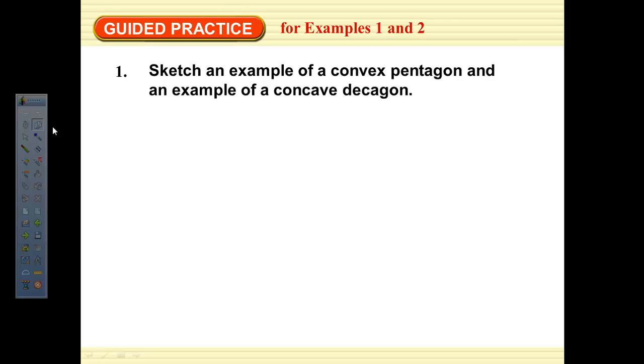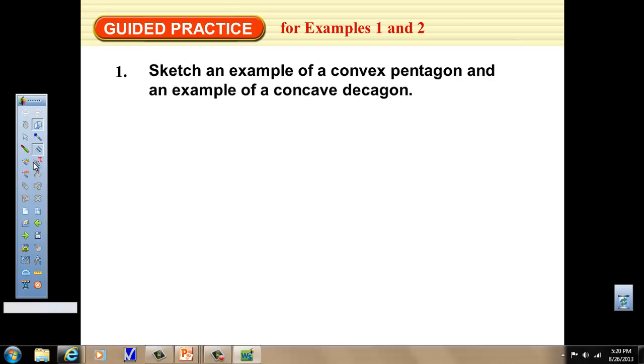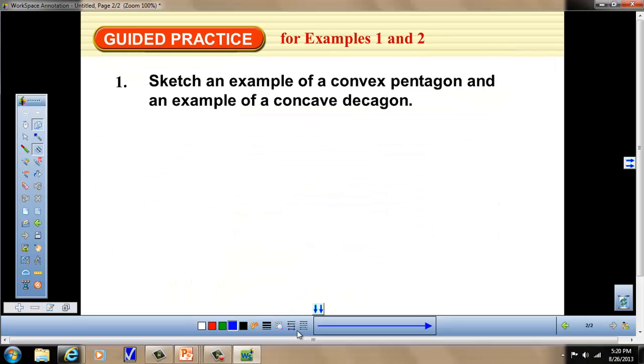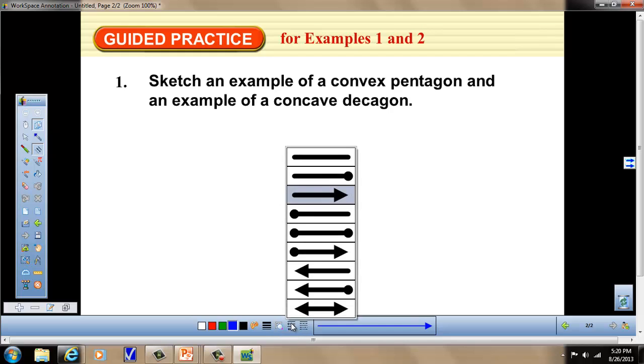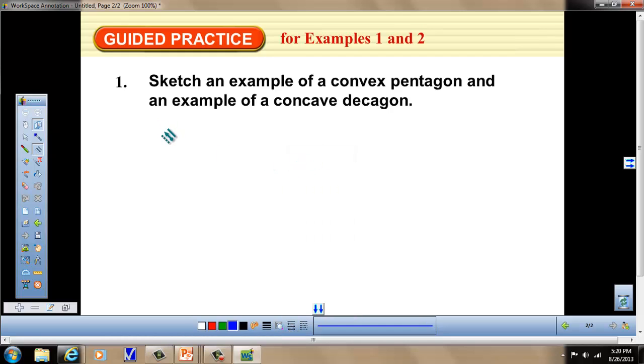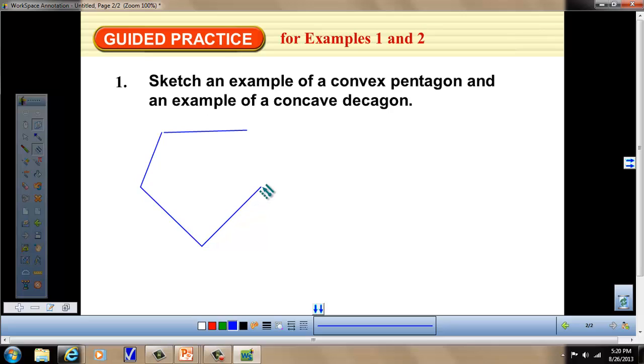Alright, so we want to sketch a convex pentagon and a concave decagon. Everybody's answers for these will be a little bit different. For a pentagon that has 5 sides, we're going to have something that looks something like this. That's a convex pentagon. And for a concave decagon, you have to have at least one indentation or cave.